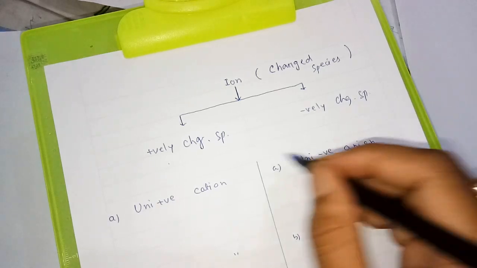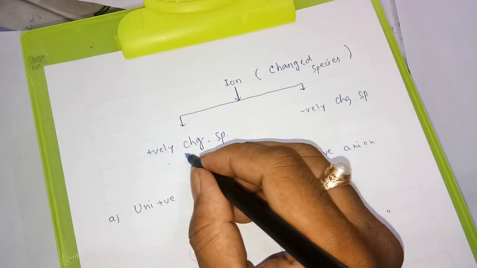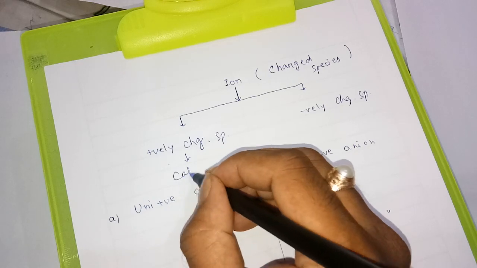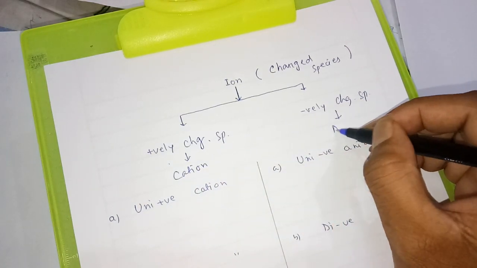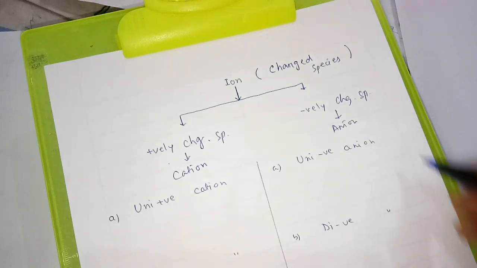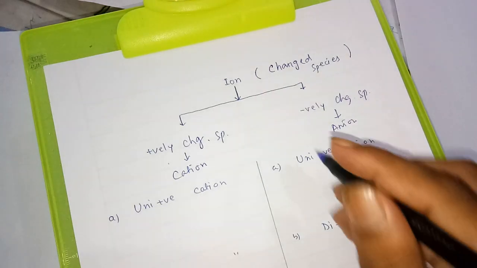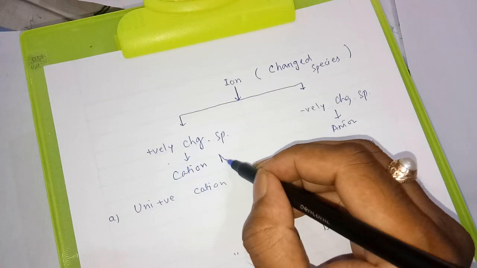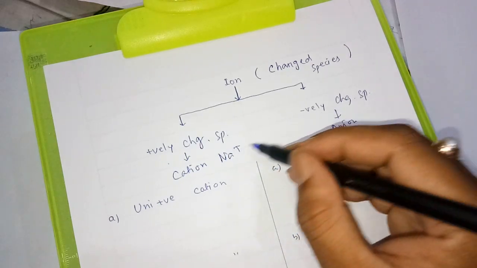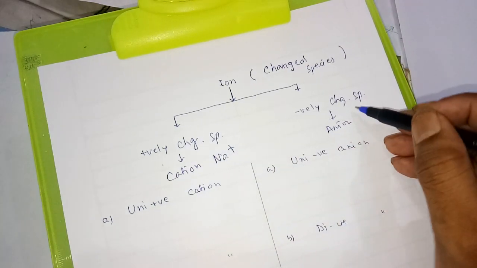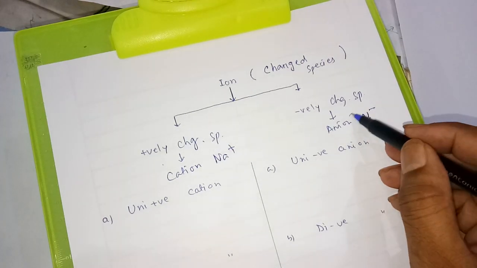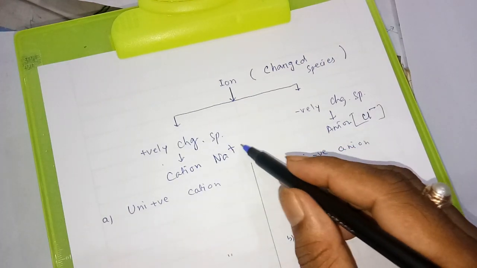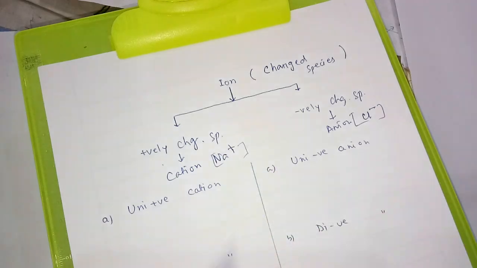The positively charged species are called cations and negatively charged species are called anions. So positively charged species we have learned Na positive, negatively charged species we have learned Cl negative. More and more examples are there, and we have taken the two.